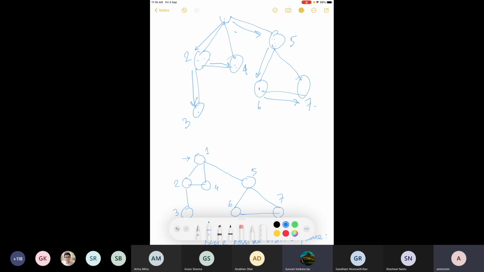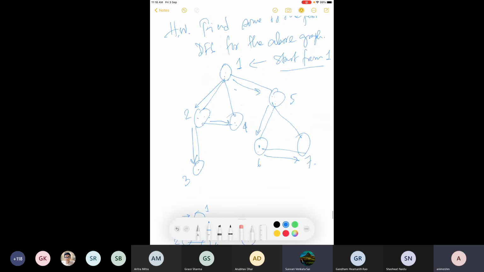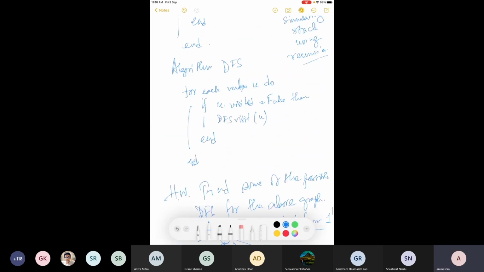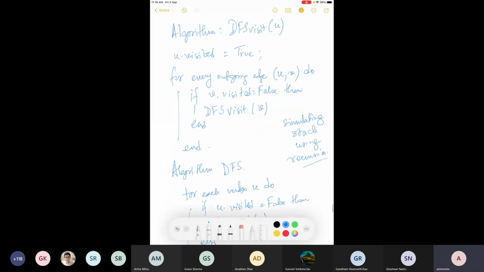How can we differentiate visiting the node and exploring the edge? I did not get that. Visiting a node. So when you are at a node, you mark it as visited. That's what you are doing. Look at this one. Whenever you are at a node, you are marking the node as visited.